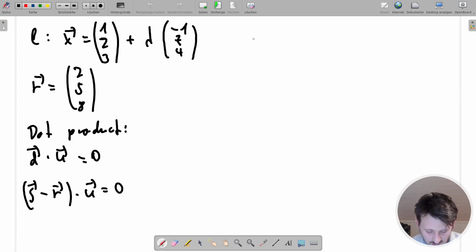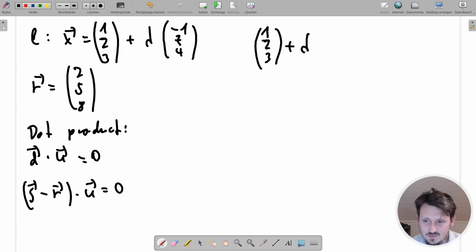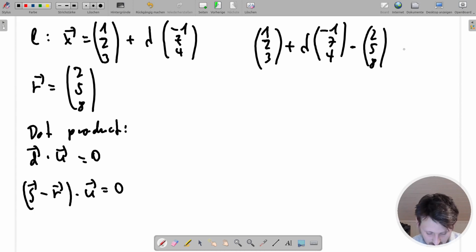So what we can write down here is (1, 2, 3) plus lambda times (-1, 7, 4). This is our s vector, minus, and then we have to write (2, 5, 8), our point P actually.